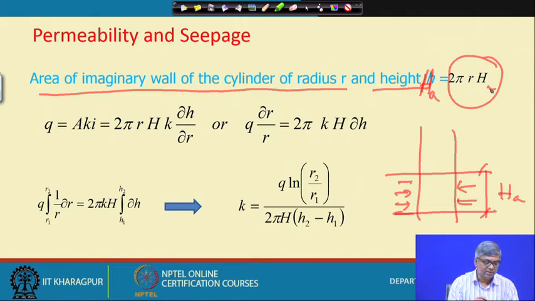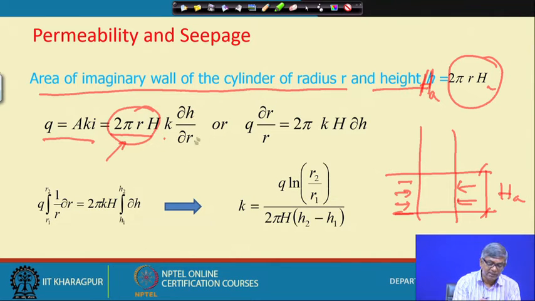Like the previous case, Q equals A K I, and A is 2 pi r into H. In the previous case it was substituted by 2 pi r into small h, which was variable.